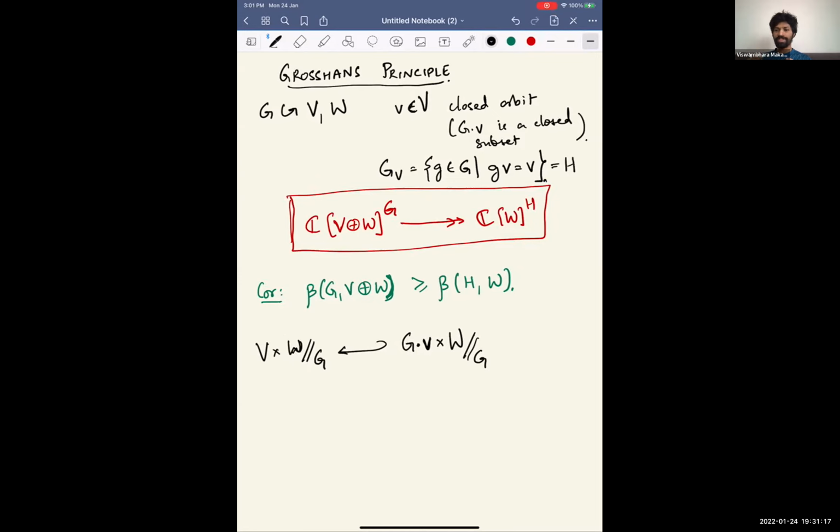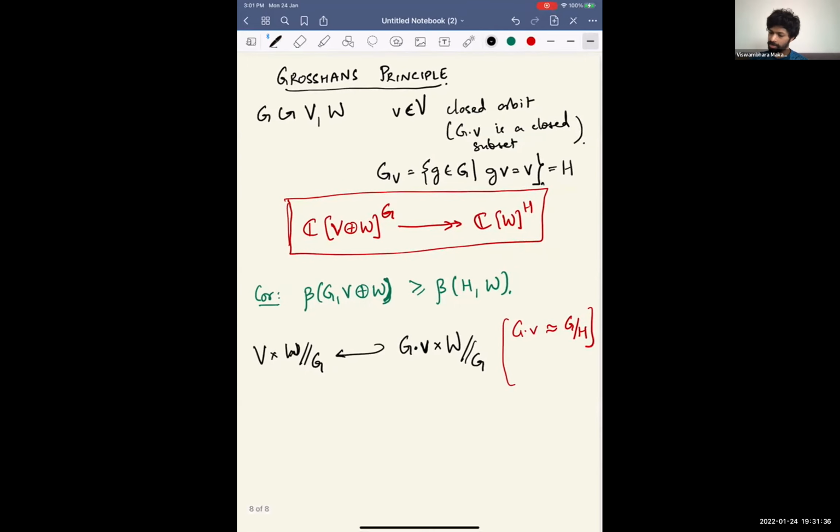Because the stabilizer of V is H, G dot V is basically G mod H. And so this guy here sort of absorbs the G mod H action, and roughly turns out to be just W for the action of H.